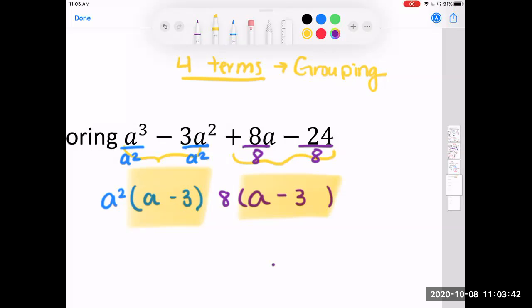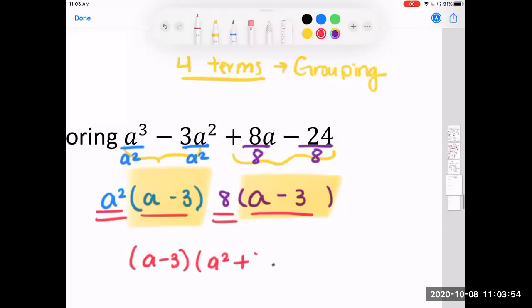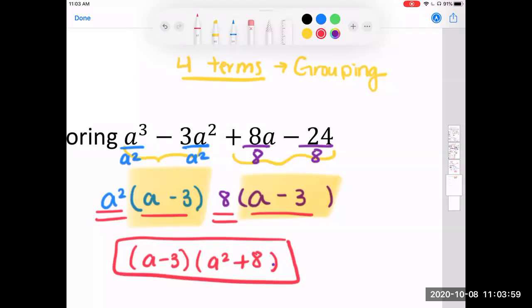Or if that seems kind of weird, I just say you can rewrite it. You can rewrite it so that you have what you have in your parentheses, a minus 3, and what you have left over, a squared and a positive 8. And that's our answer. We have factored.